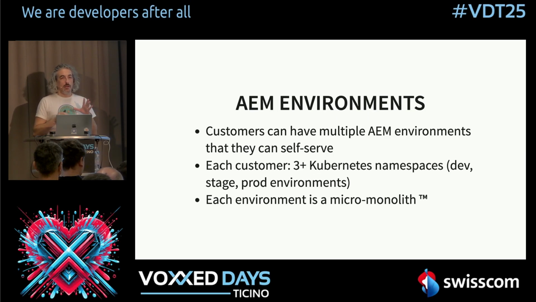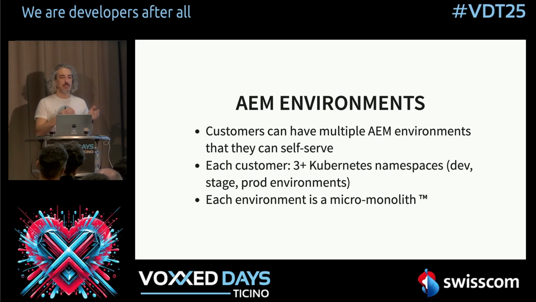What we call an AEM environment is a set of services that provide this application to the customer. So customers can have multiple environments, and they can self-serve their environment. They can go and click and say, oh, I want a new environment. This triggers a set of events, and basically this translates to multiple Kubernetes namespaces.